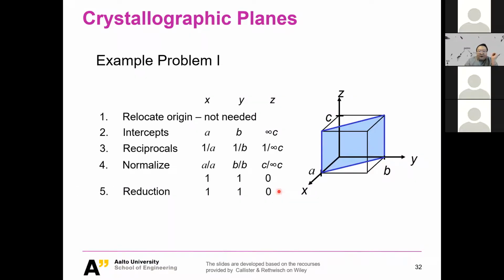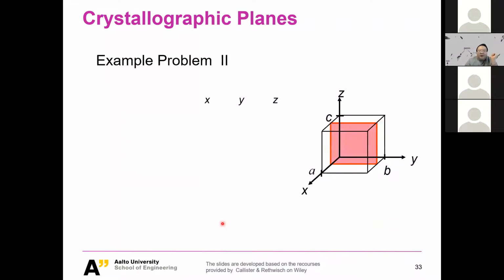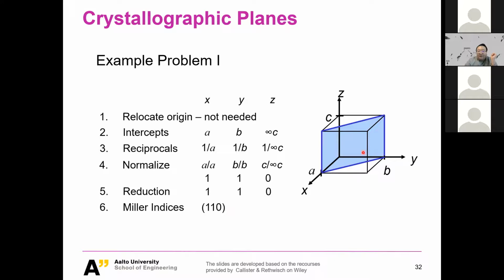The reduction is, if there's again a fraction number, you find the smallest integer as we did for the direction. And here we put it into the Miller index. It is (110) with a round bracket. And that's it. But as a hint, if you try to find the normal of this plane, you would already realize the direction is 1, 1, 0.